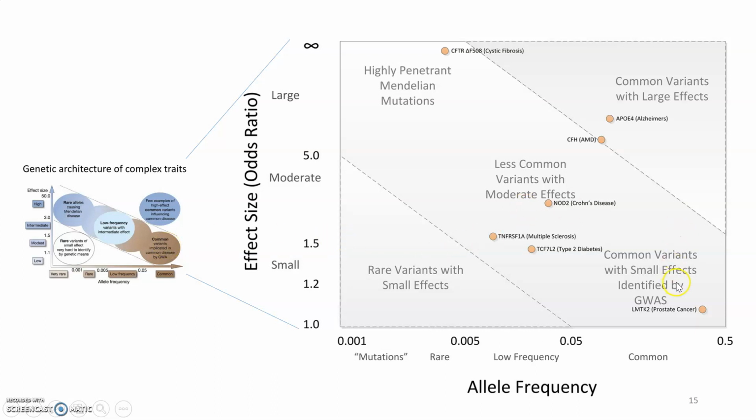You can see that we've identified common variants with small effects by GWAS, and we've performed GWAS in pretty much any disease phenotype that you could think of. Here's just a few examples. So LMTK2 in prostate cancer gets identified with GWAS.